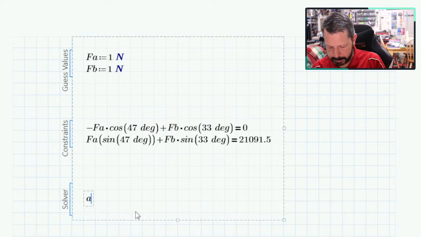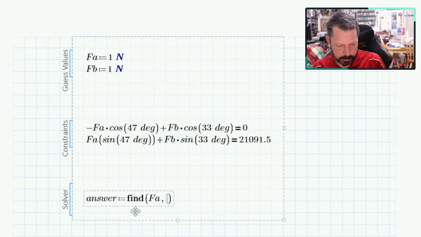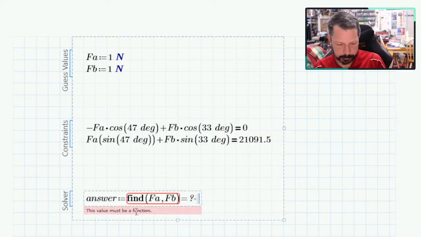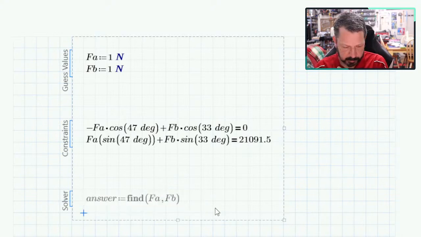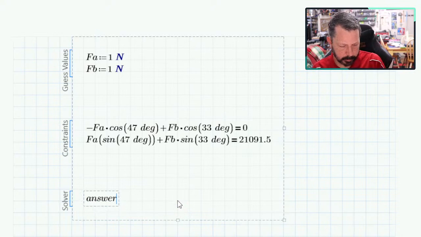We want answers equals find FA and FB. Why is it not okay with that? Answers equals find FA FB.